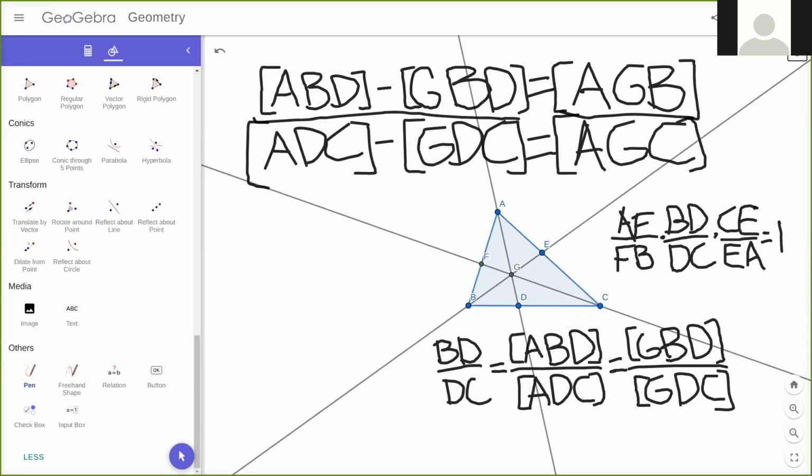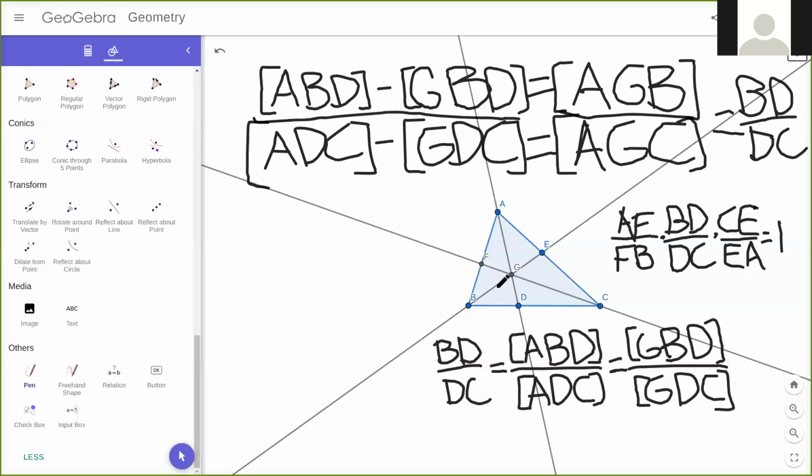So this fraction right here, the area of AGB over the area of AGC, is the same fraction, which is BD over DC. So we converted this BD over DC into a fraction of areas. And similarly, we can work on the rest.